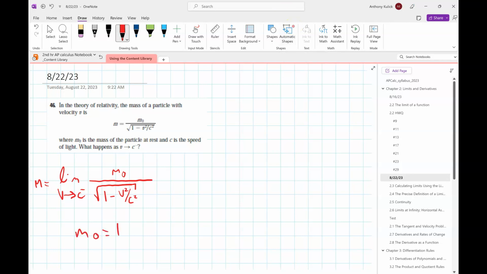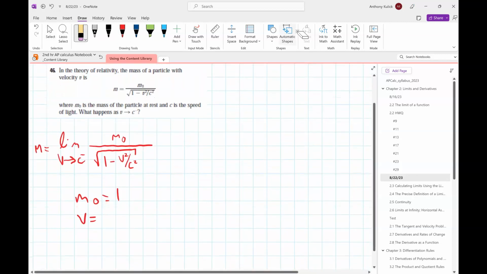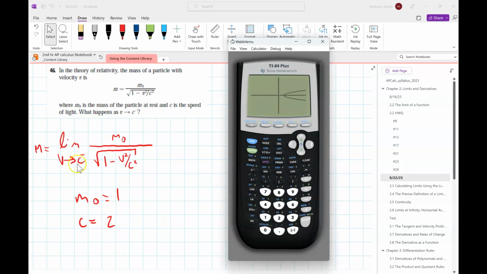So maybe I say, let m0 equal 1, let v equal 2. Oh, I'm sorry, v is our variable, right? And then let's let c equal 2. Let's type this into the calculator and look at the limit as v, which will be our x, approaches 2.